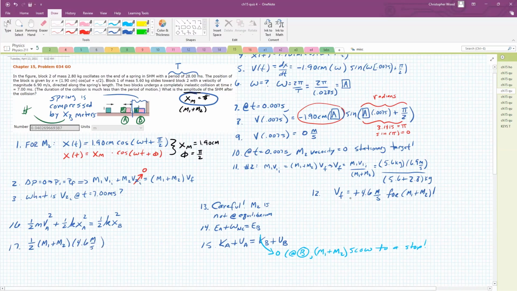So let's sanity check this. This came from momentum, perfectly inelastic collision. Right after the collision, M1 and M2 stuck together and they had a velocity at that moment in time of 4.6 meters per second.